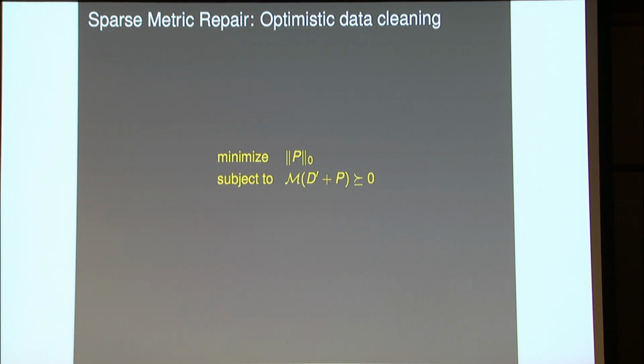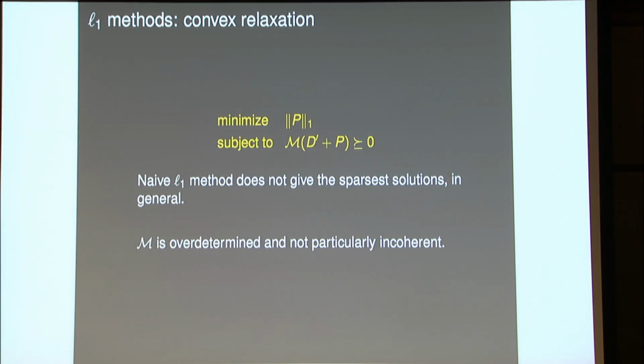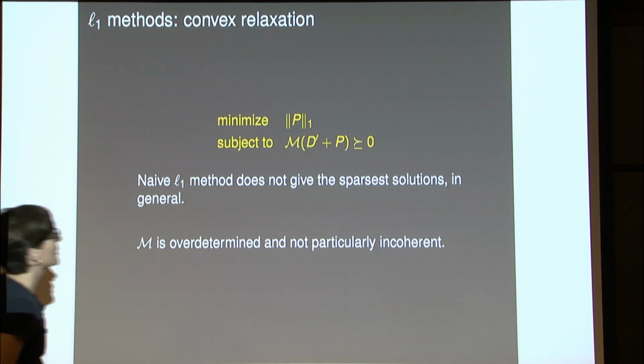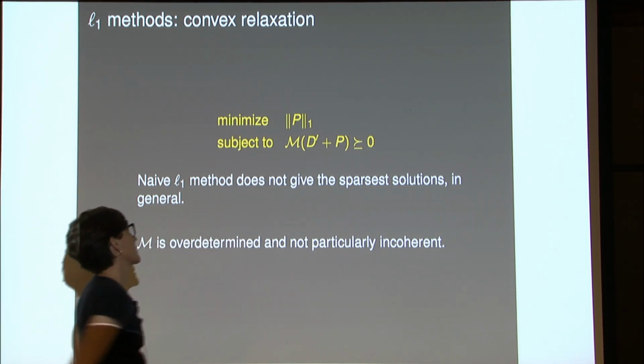Having sat through a lecture on compressive sensing, having followed 15 years' worth of literature, you might be tempted to change this problem to that problem and do the L1, the convex relaxation, and minimize the L1 norm of the perturbation that corrects the distances.